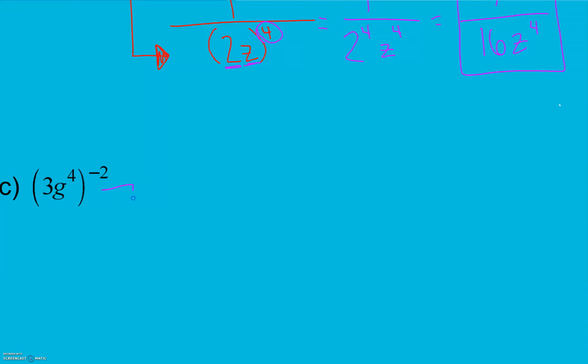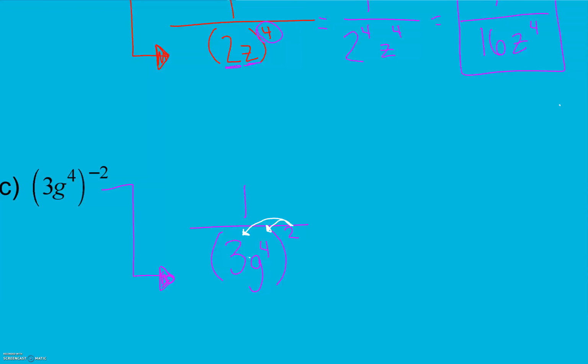Again, I'm going to get rid of the negative exponent first. We can distribute it in first if you'd like, but I'm going to go ahead and get rid of it to start with, which takes 3g to the 4th power to my denominator and makes it positive. Now, I can take my exponent in to both pieces because I'm multiplying and this is a product.